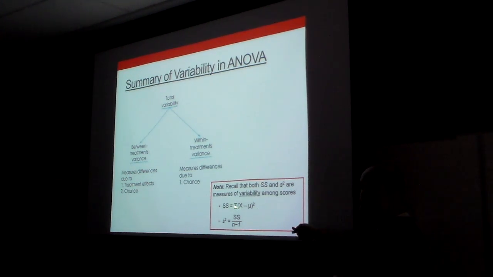What I can do is take that sum of squares estimate and divide it by degrees of freedom, and that gives me a measure of variance, which still isn't terribly interpretable. Essentially what we've got there is roughly the average squared deviation from the mean, which is still hard to wrap your head around.